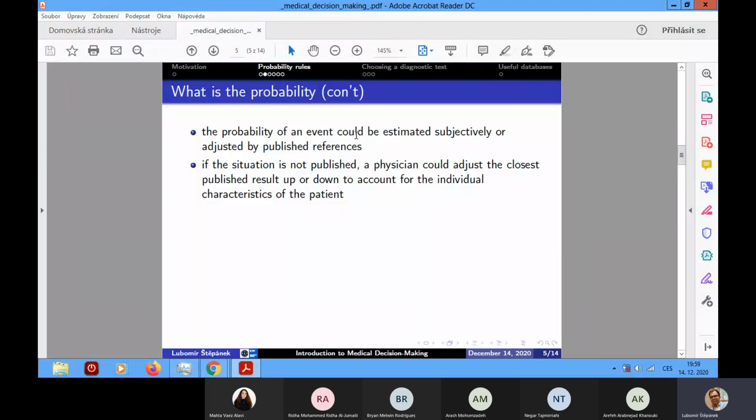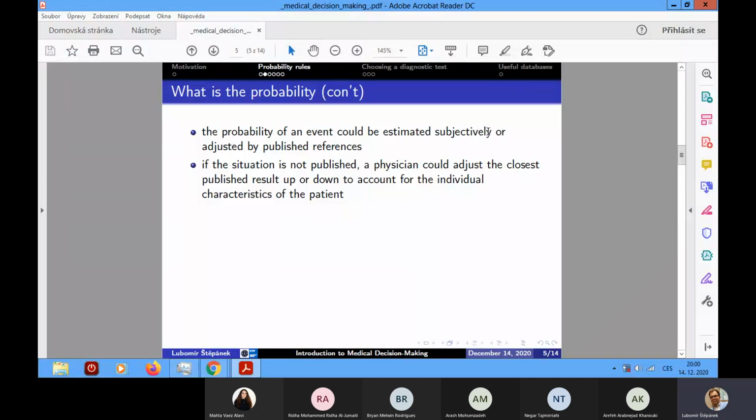Similarly for treatment and so on. So based on your personal experience, the probabilities of events, I mean probability of diseases, probability of some diagnosis, could be estimated simply subjectively based on a physician's experience.